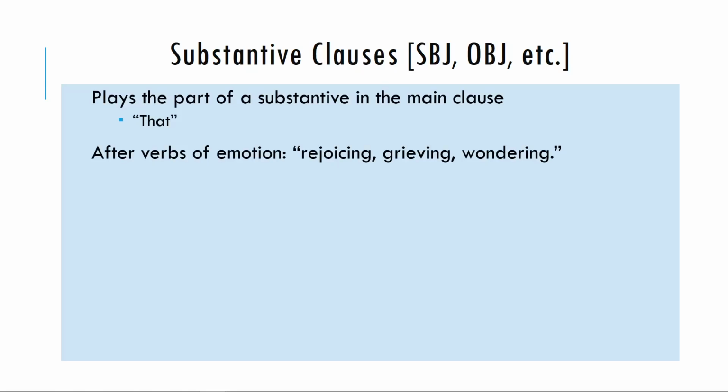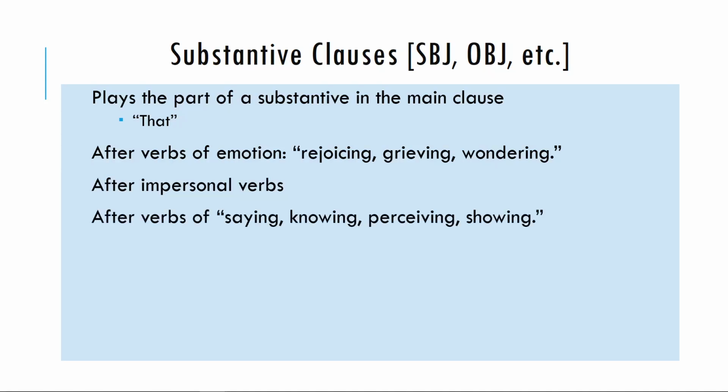After verbs of emotion, it's going to be the object. After impersonal verbs, it is clear that we would say in English, but the substantive clause there is going to act like the subject. That the sun is shining is clear. You also get it as an object after verbs of saying, knowing, perceiving, showing.